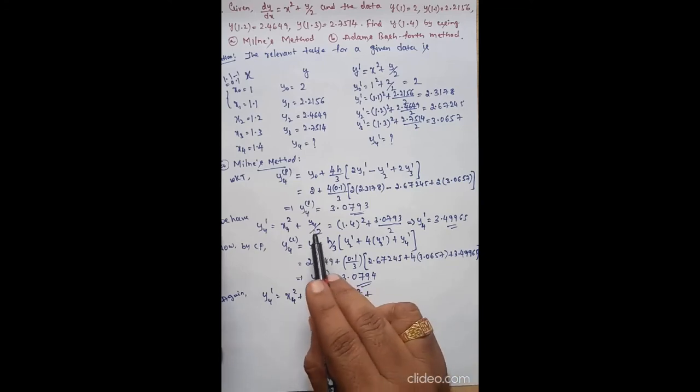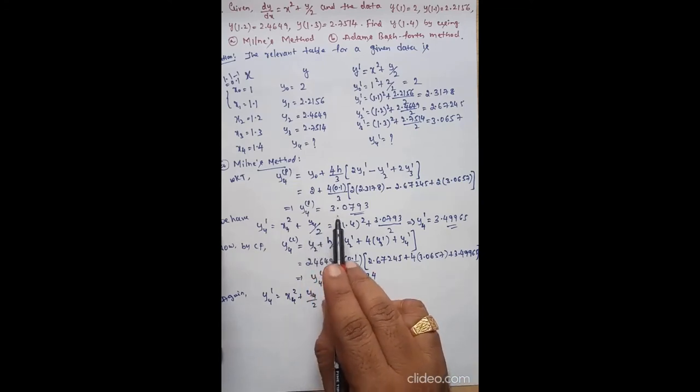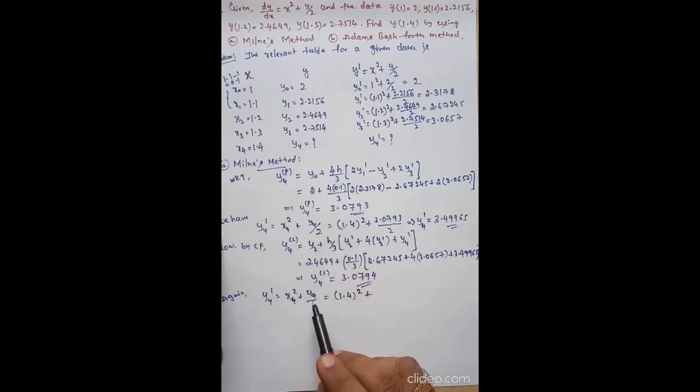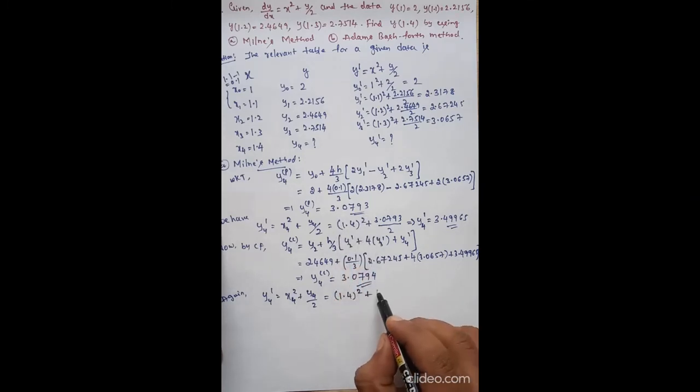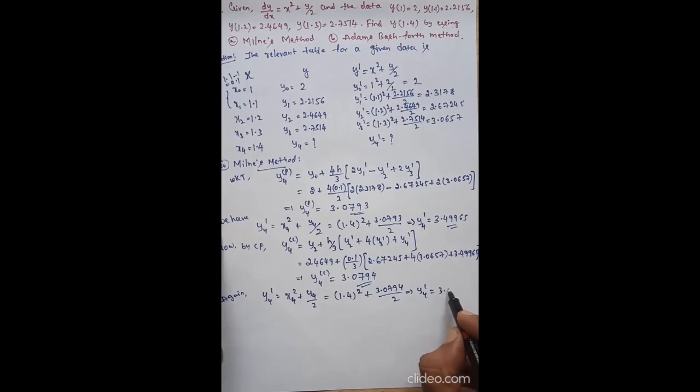See, earlier for y4 we used the predicted value. Now we use the recently obtained corrector value. Instead of 3.0793, we put 3.0794 divided by 2. If you simplify this, we get y4 dash once again. This comes around 3.4997. Almost the same answers will come.